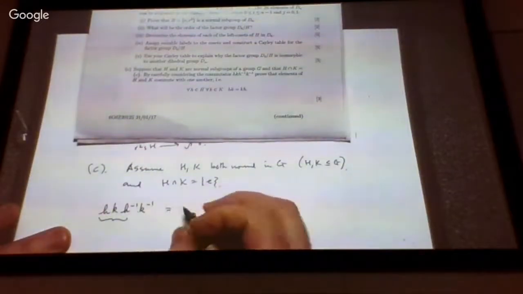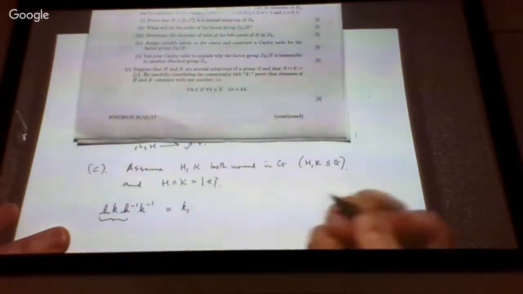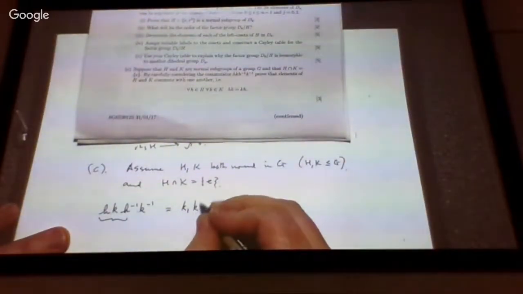Well, we can consider this as the conjugation of K by H first. And so that must be an element of K. So this must be a K1 times K inverse.